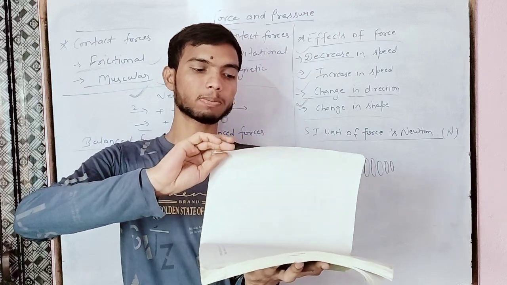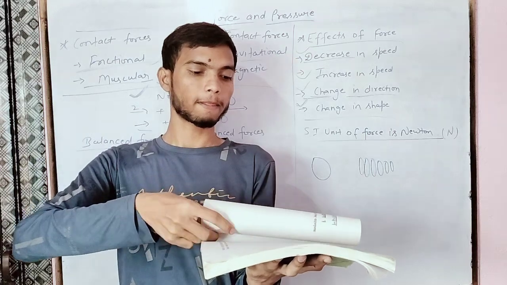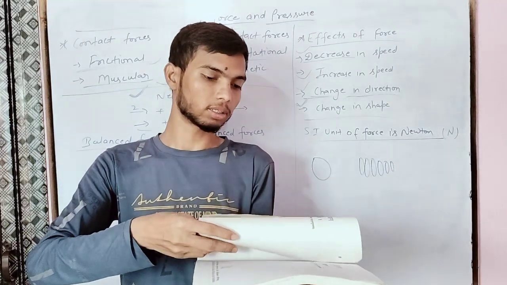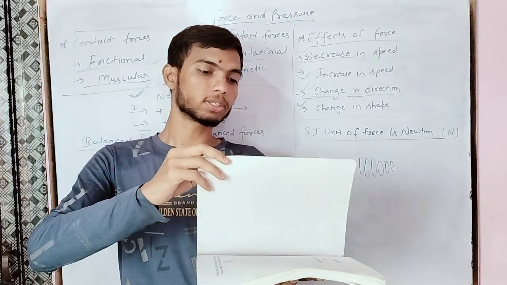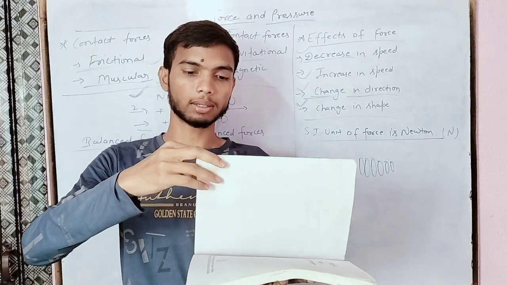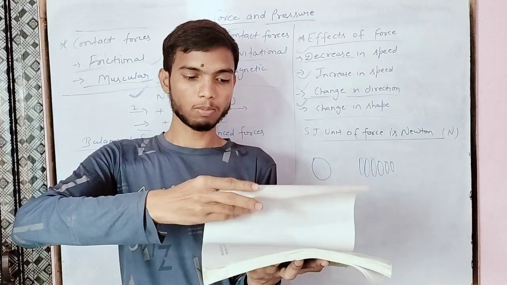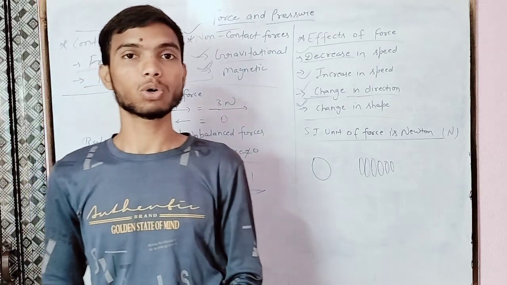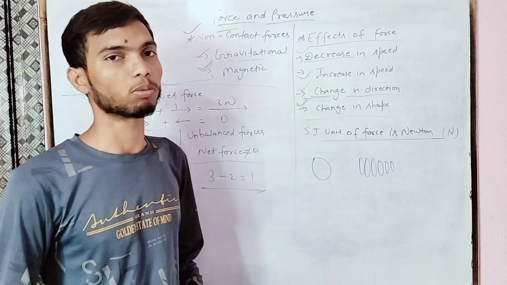I can shape this page as a cylinder. Now the shape of this page is cylindrical, but initially it was a square or rectangle. After I apply force, the shape changes. So that's how you can apply force to change the shape of any object.